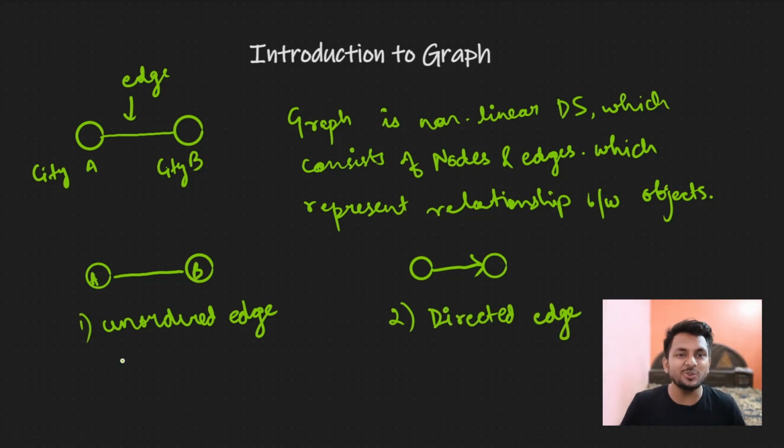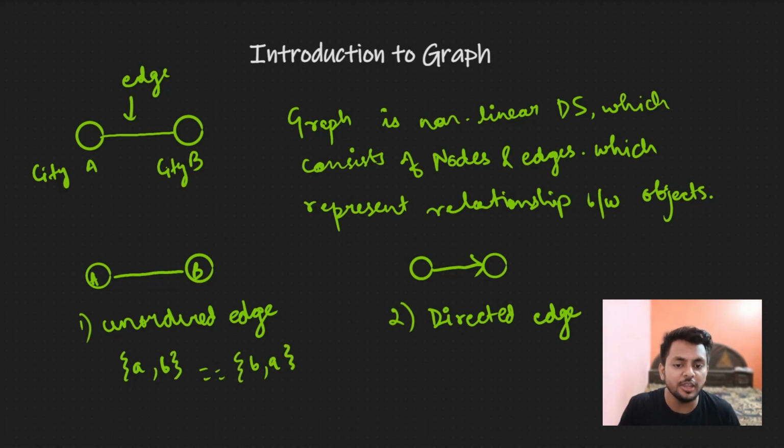Now how to represent an unordered edge? An unordered edge is represented by curly braces {A, B}, which is equal to {B, A}. That means if there is a relation from A to B, then there will be a relation from B to A. But in directed edges, there is a particular relation from one side to another side.